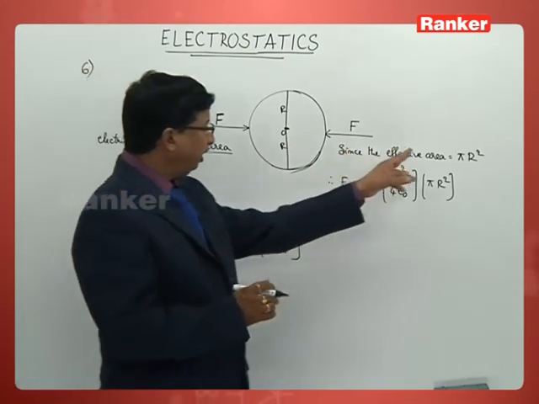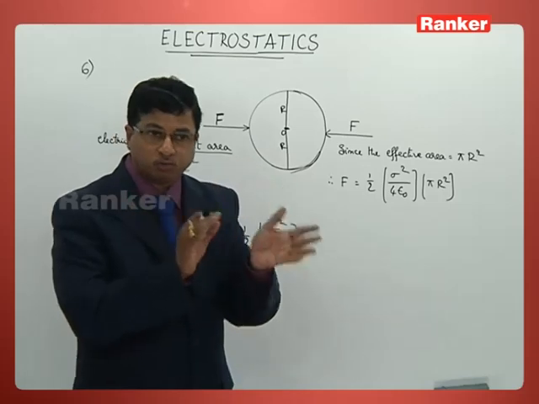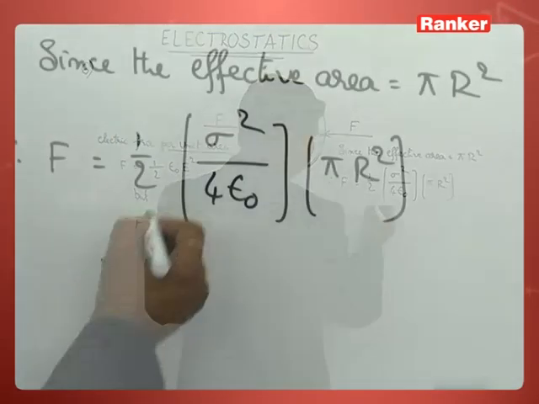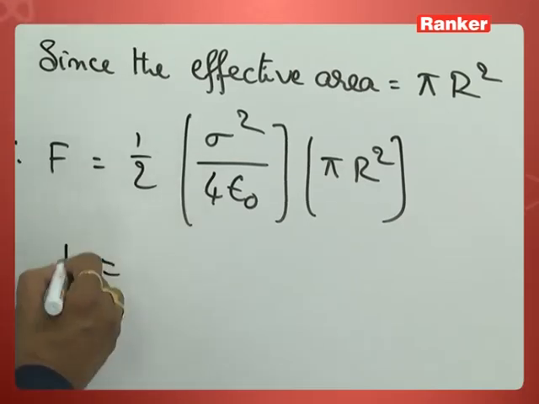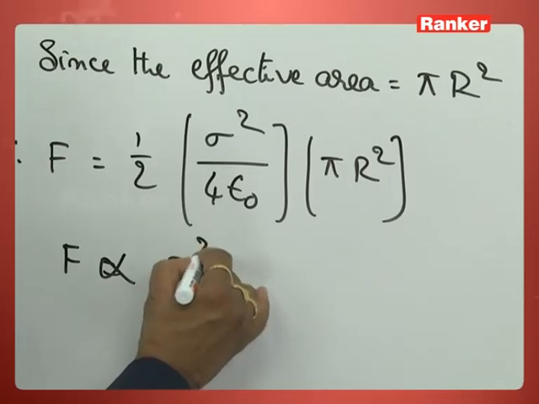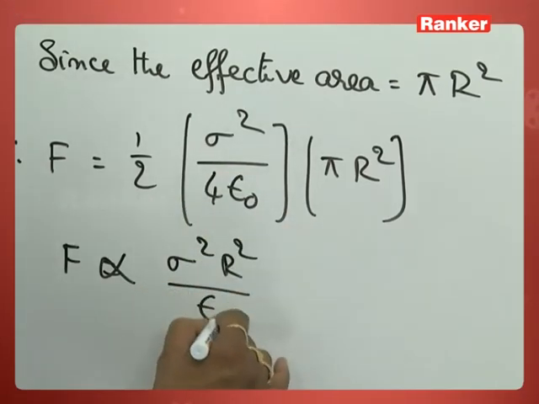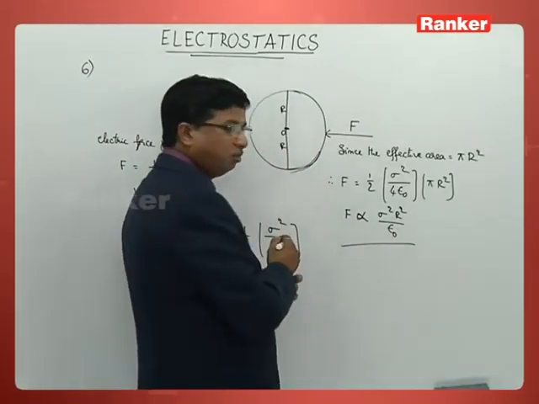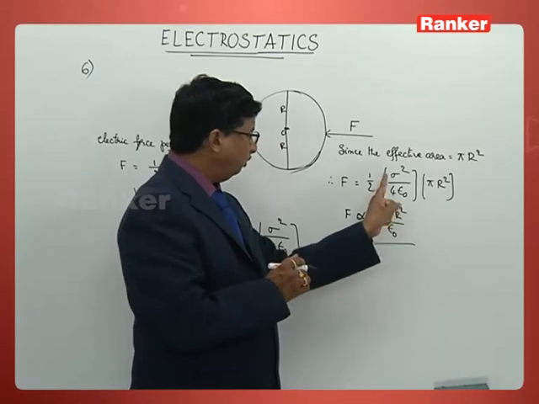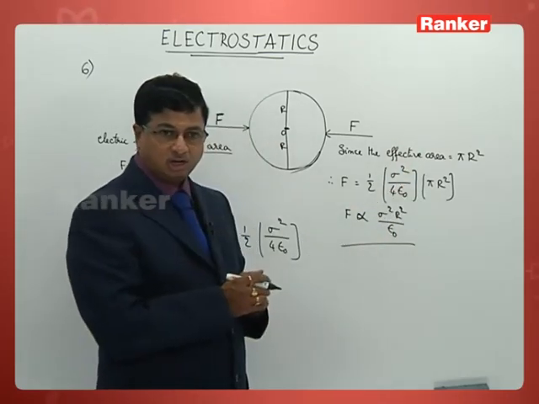For the effective area pi r square, what will be the corresponding force there? So we can understand now, this can be rewritten like, F is proportional to sigma square, r square, by epsilon naught. So what can we write now? It should be proportional to sigma square r square by epsilon naught.